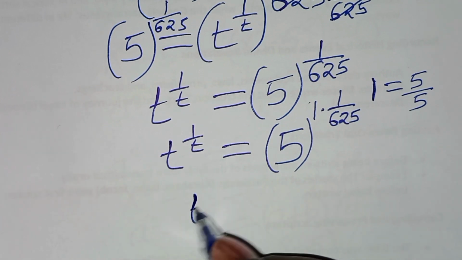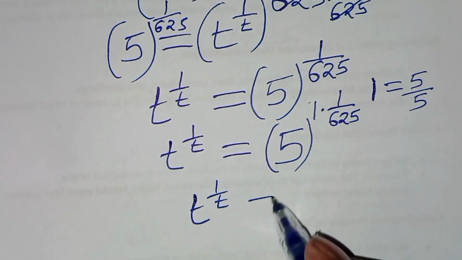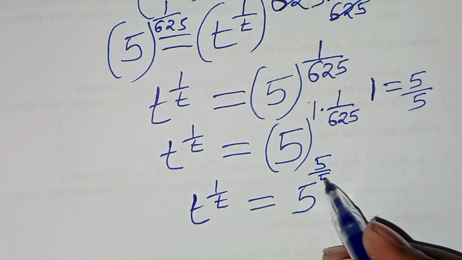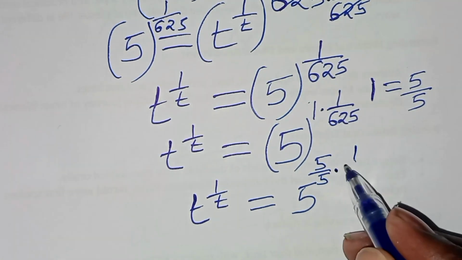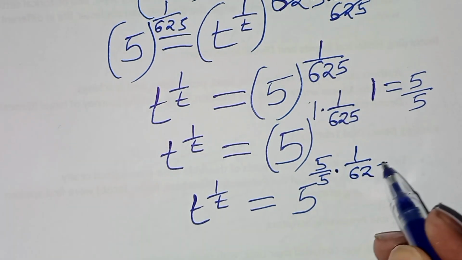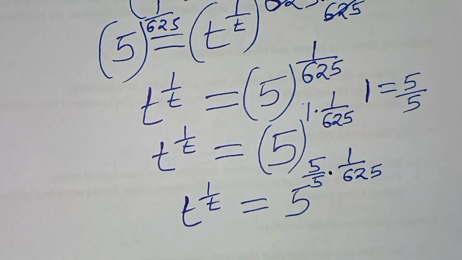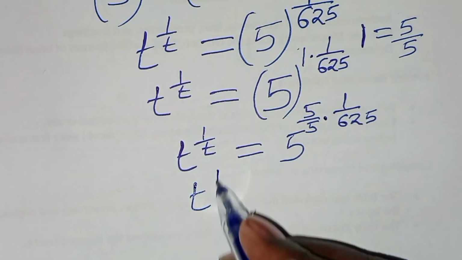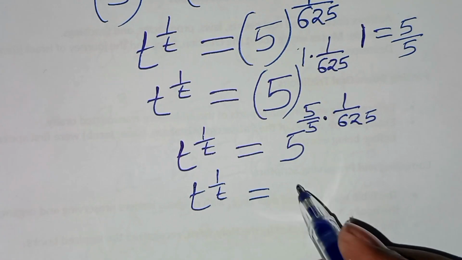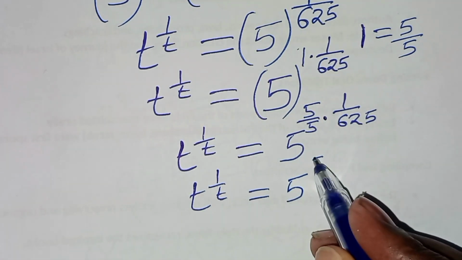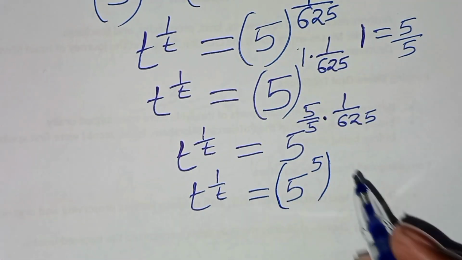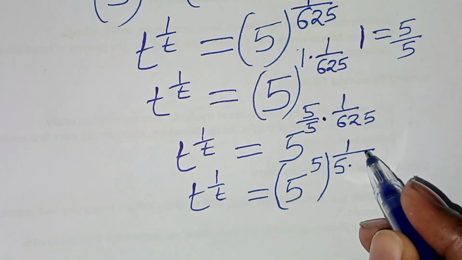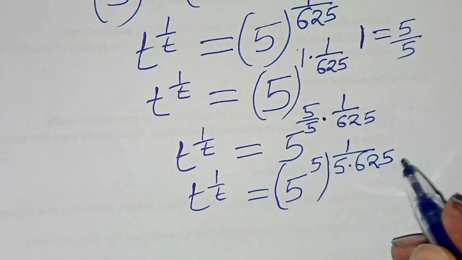Therefore, t to power 1 over t is equal to 5 to power 5 over 5 times 1 over 625. So we can express this as 5 to power 5 raised to power 1 over 5 times 625.